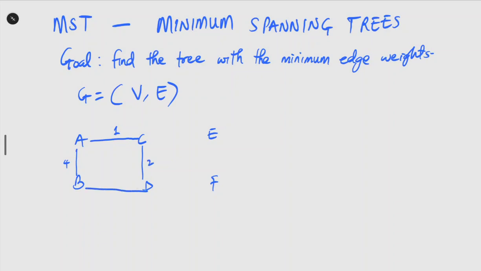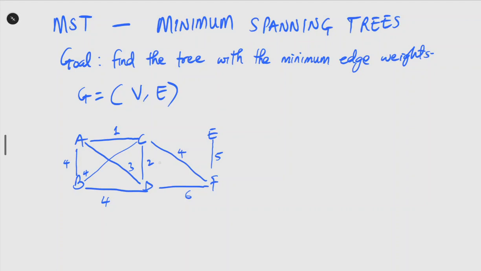We have this edge which costs 4. We have this edge which costs 4, and we have this edge costs 3. Okay, and we have this other edge costs 6. We have this edge costs 5, and we have this edge costs 4.